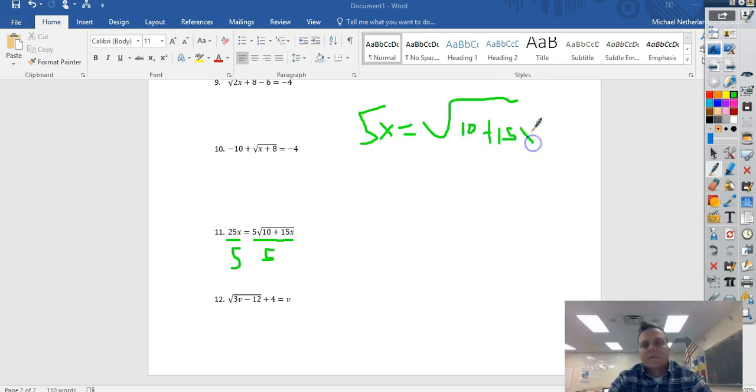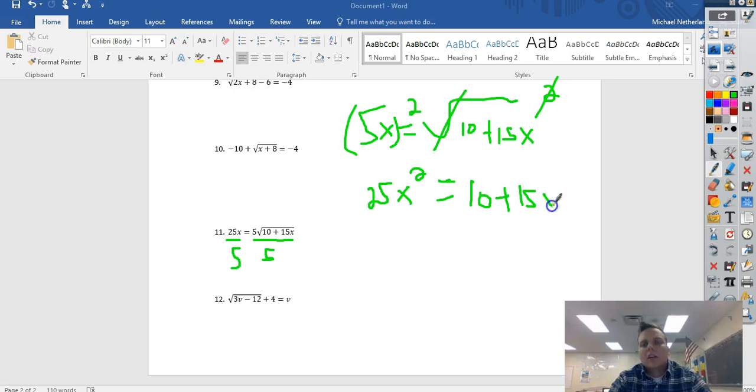All right. Next step is to get rid of the square root. So I square both sides. Okay. Square root and the square cancel each other out. 5x squared becomes 25x squared is equal to 10 plus 15x. All right, this is a quadratic equation.